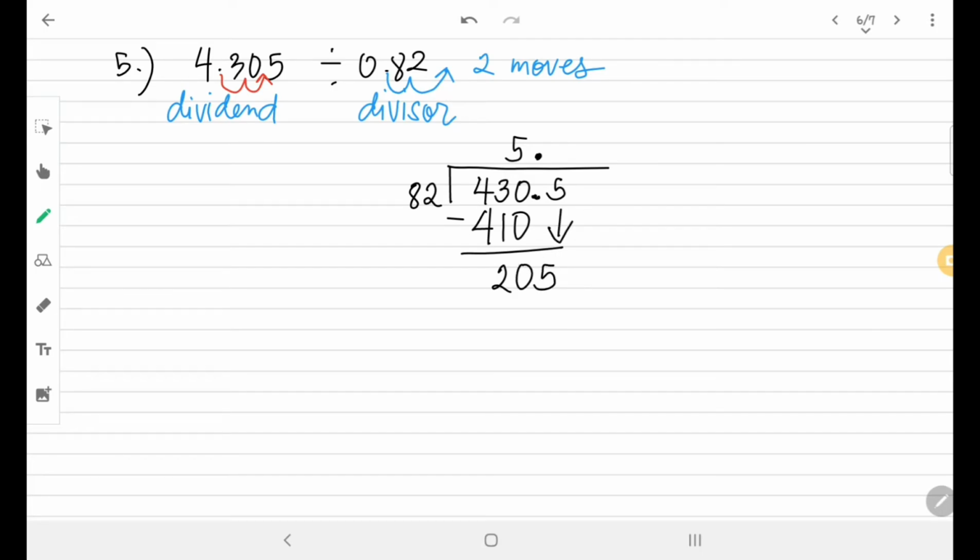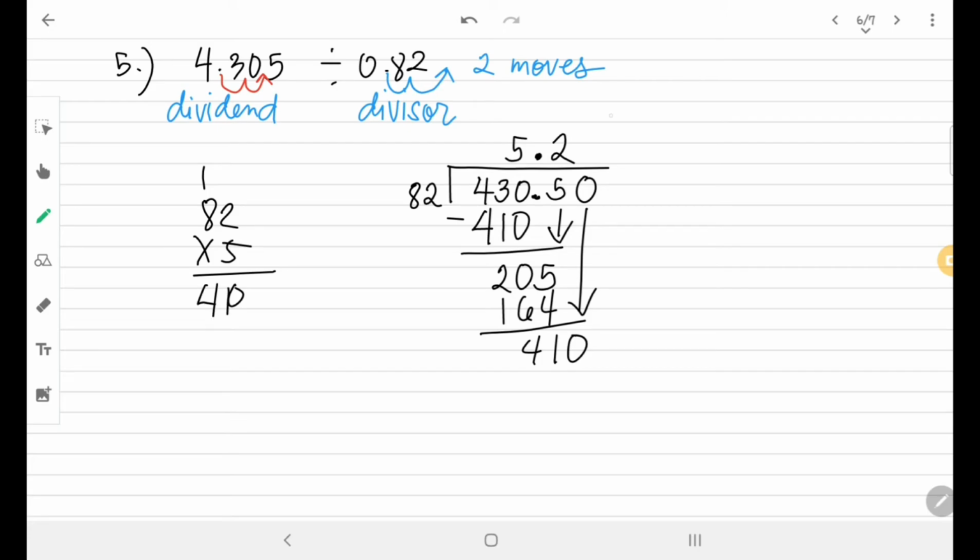So let's get how many 82s fit in 205. I tried multiplying it by 3, which is 246. That is too much, so only 2 fits. And that is 164. Let's now subtract, and then bring down 0, because we can't leave a remainder since we are in decimals. That gives 410, and 82 times 5 is 410. It matches exactly, so we write 5. 5 times 82 is 410, and the difference is 0.